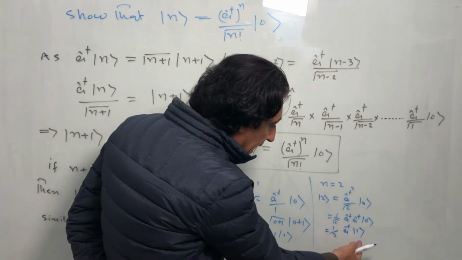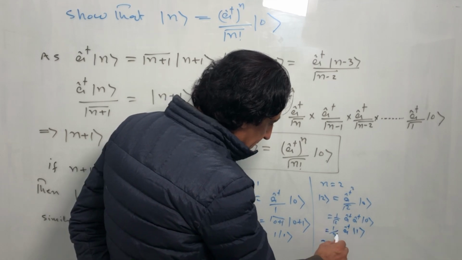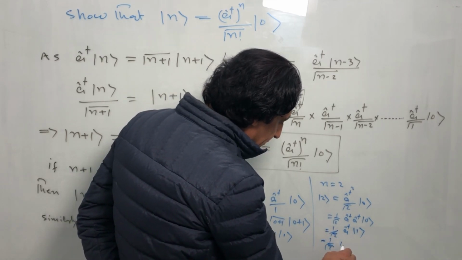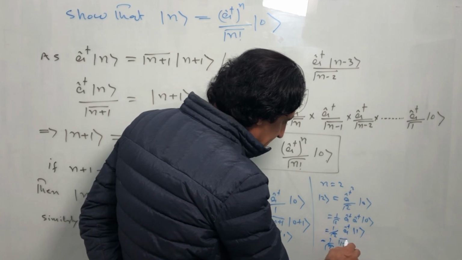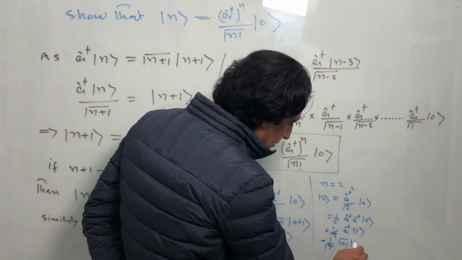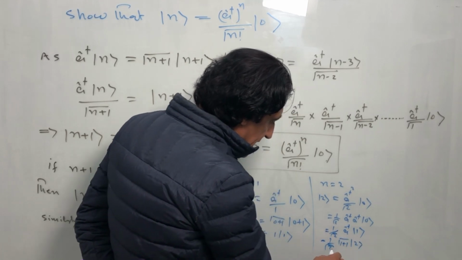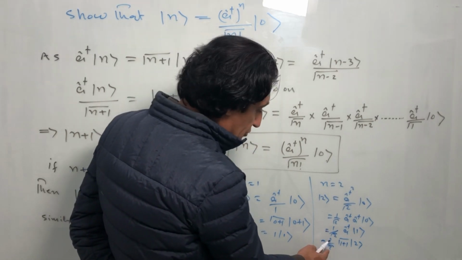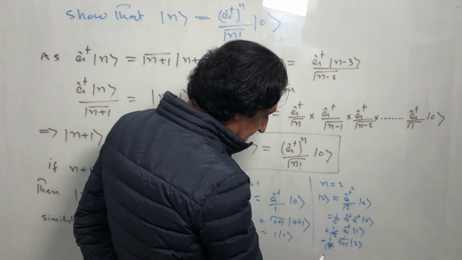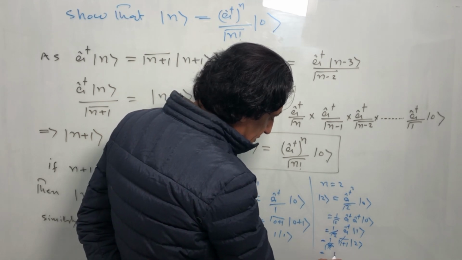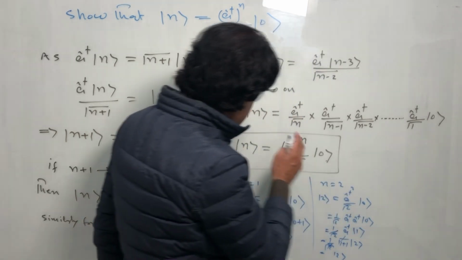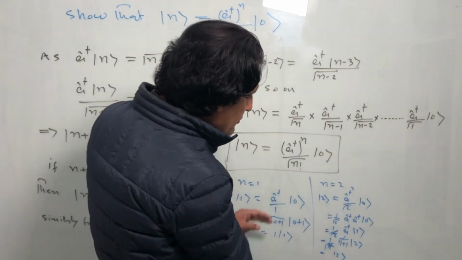And further we apply this, then we can get square root of 1 plus 1, and here 1 plus 1 is equal to 2. Then this is square root of 2, and here is also square root of 2, so this and this can be cancelled out, and we can get square root of 2. So 2 is equal to 2. So this left hand side is equal to right hand side.